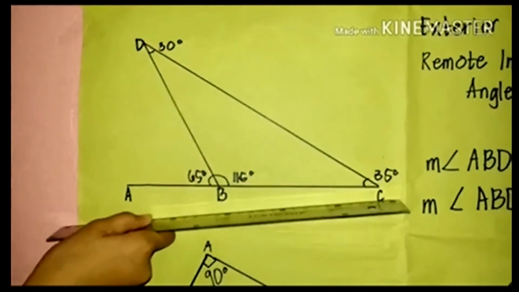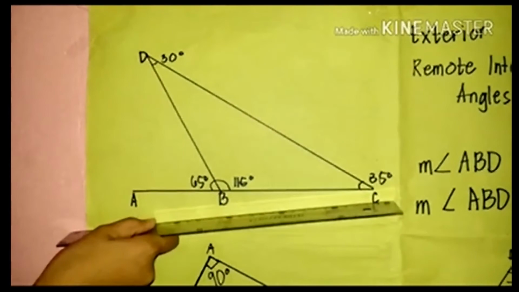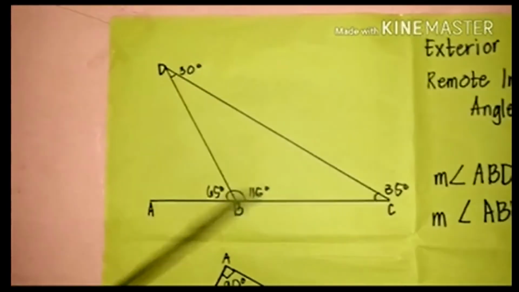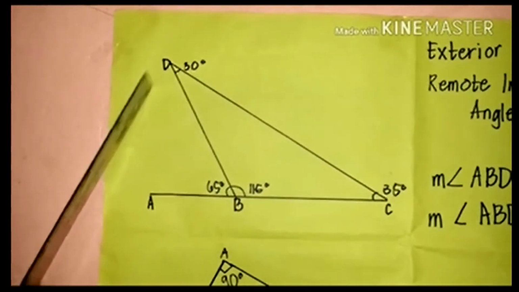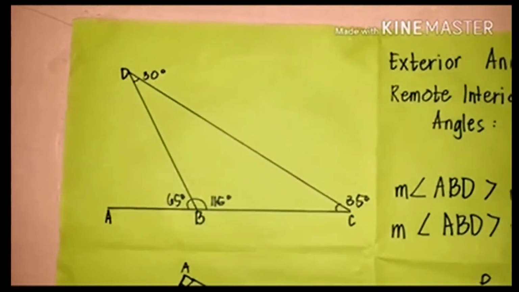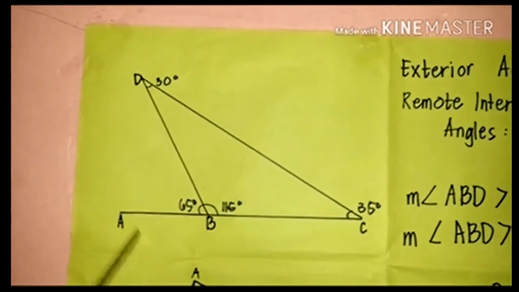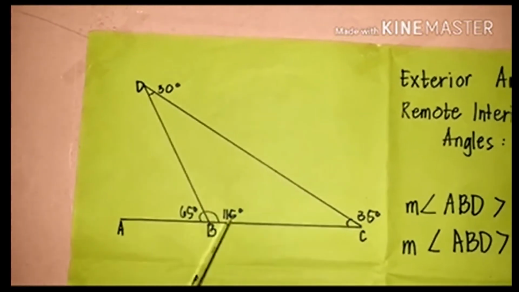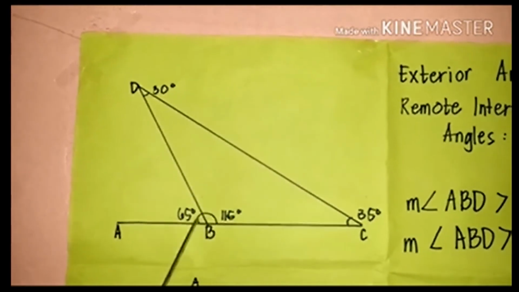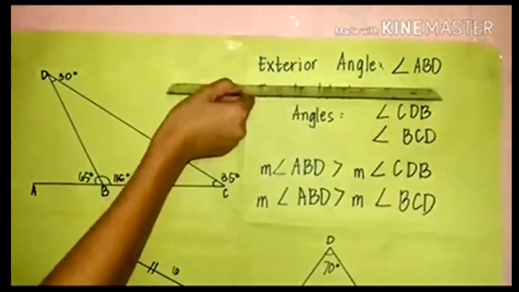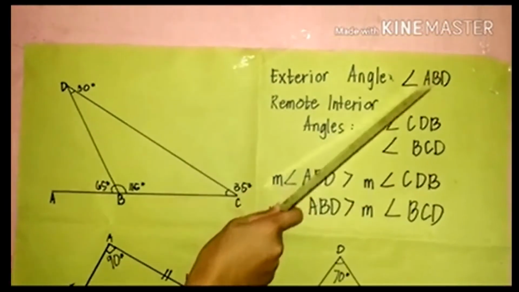Exterior angle inequality theorem. The measure of an exterior angle of a triangle is greater than the measure of either remote interior angle. By the way, an exterior angle is an angle that forms a linear pair with one angle of a triangle. Interior angle, angle ABB.